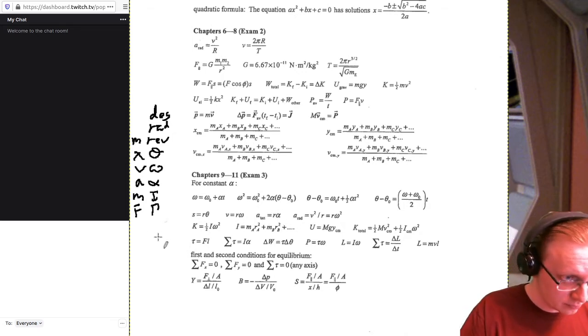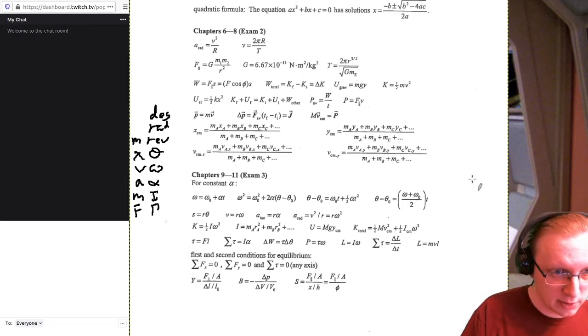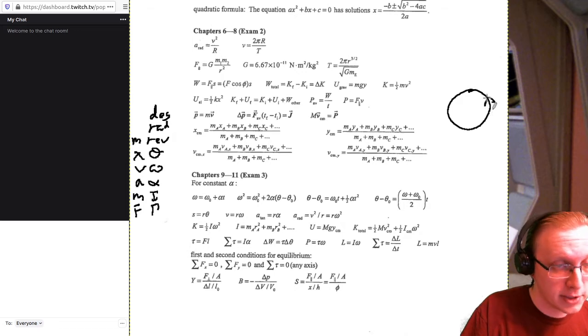And so, if you're going around a circle this way, your velocity going around the circle can be changing, and so you end up with an a_tan here equal to alpha r, or r alpha.